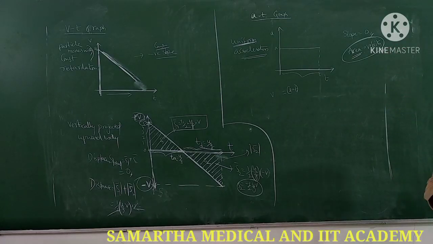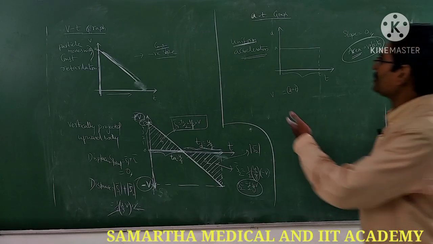Clear or not? If the particle reaches the same initial point again, then displacement is 0, so velocity will be 0. That also you should consider. The displacement only plays an important role in calculating velocity.